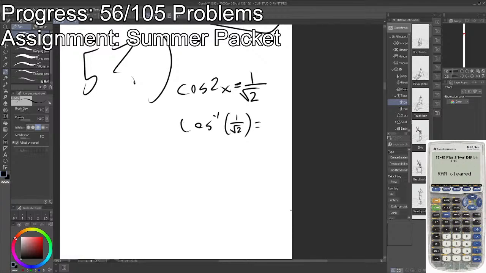I'm bringing up the calculator. Let's try it now. I want to be able to find like the radian of this.